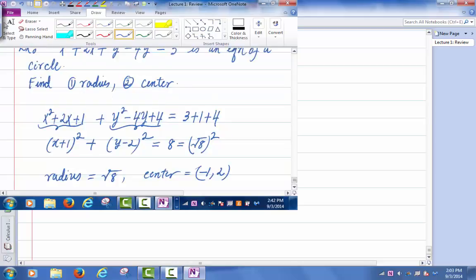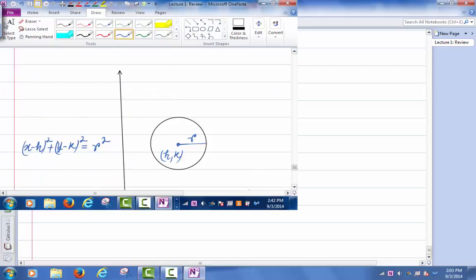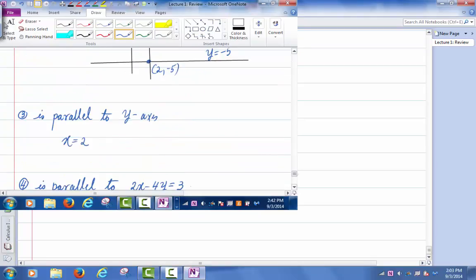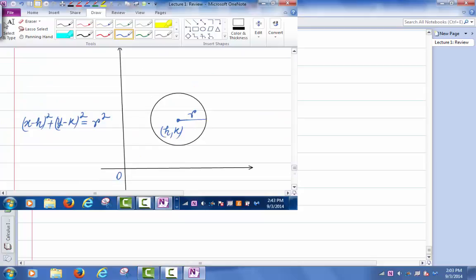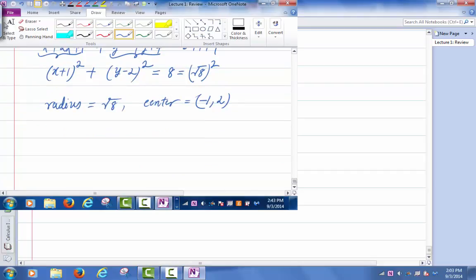Because remember the equation of the circle centered at HK is given by this. And the right hand side is the square of the radius. Okay. Anybody has any questions?